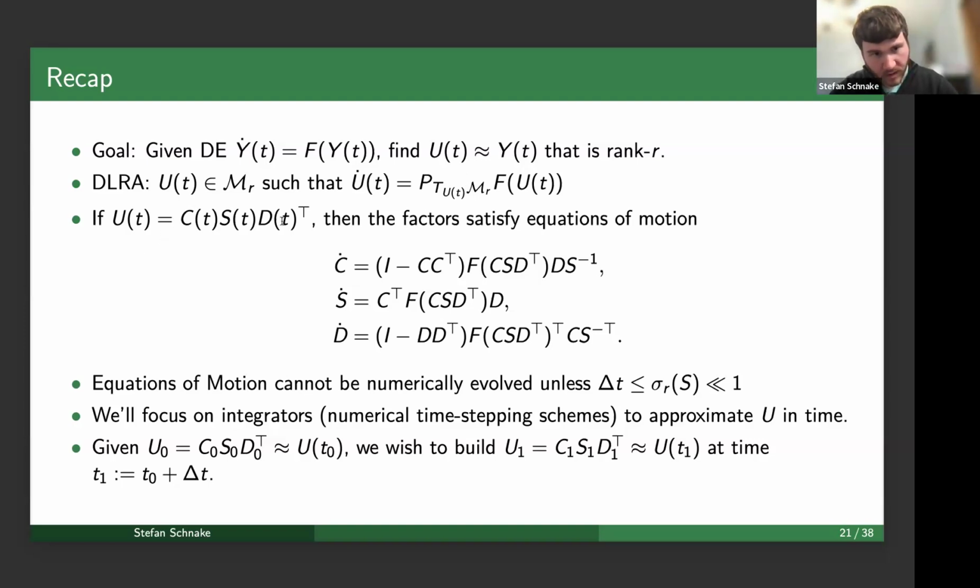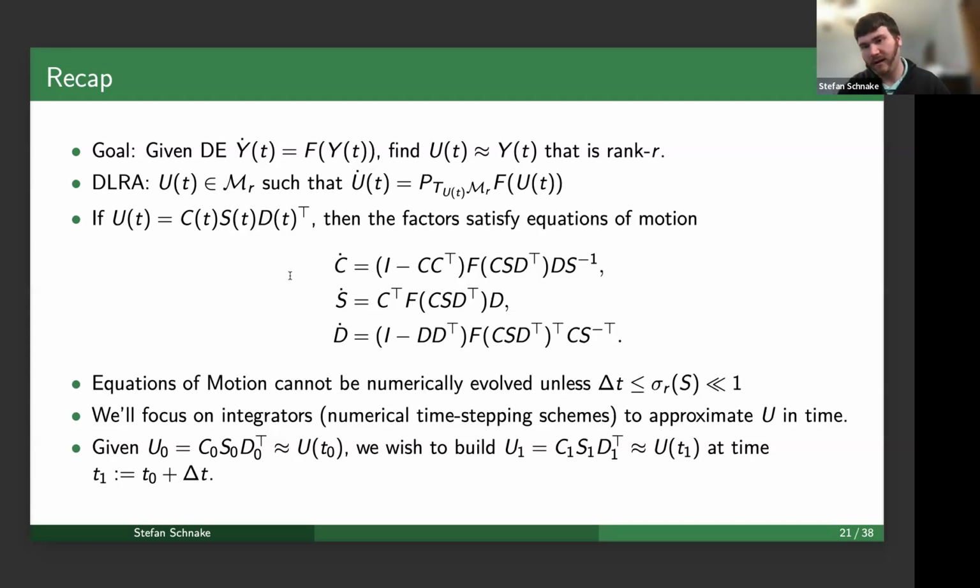But now that you know your dynamical low-rank solution is rank R, you can give it an ansatz of C S D transpose, where C and D are both orthogonal. And then you can show that this system, called the equations of motion, gives an update for the factors C, S, and D. We also saw that you can't numerically time step the equations of motion unless you take the time step sufficiently smaller than the smallest singular value of the matrix.